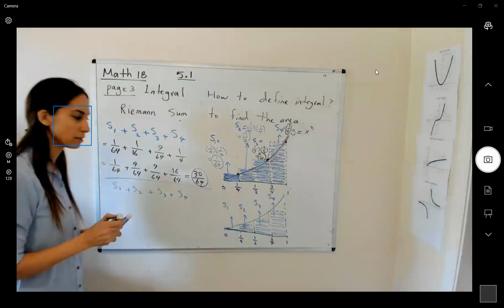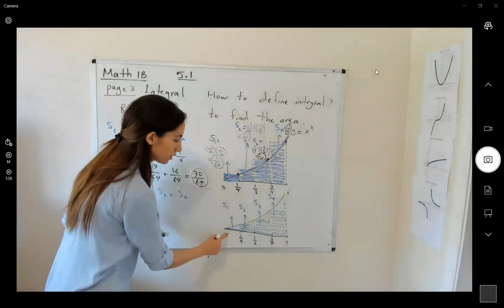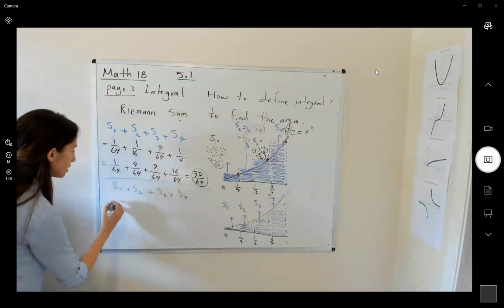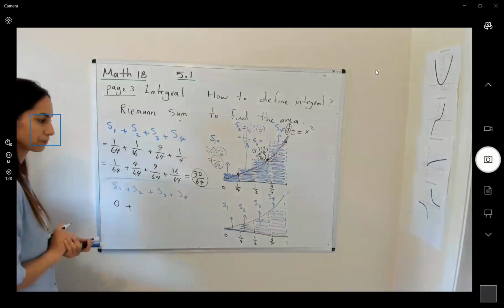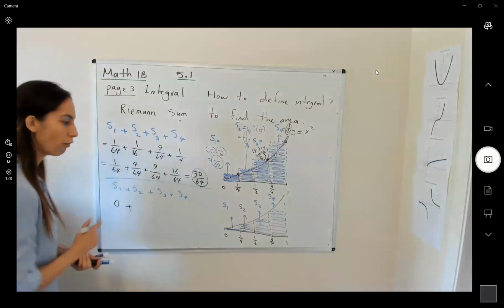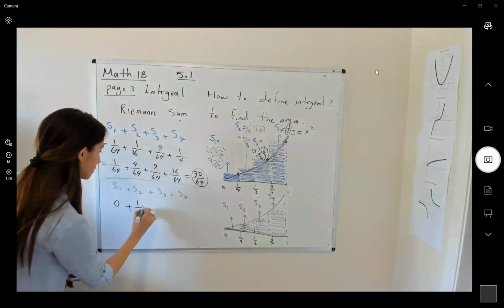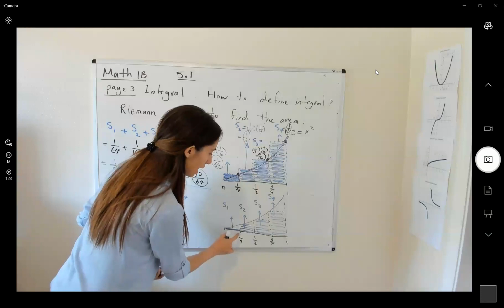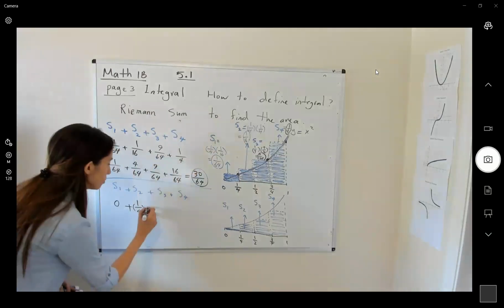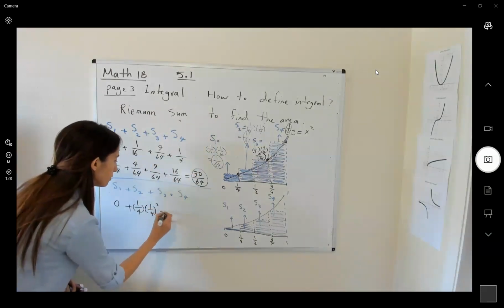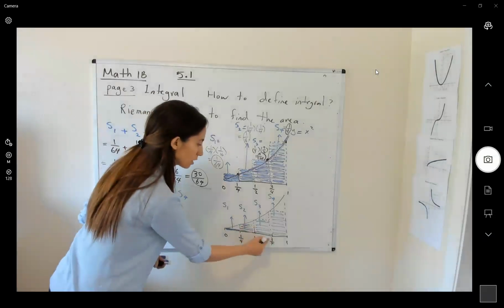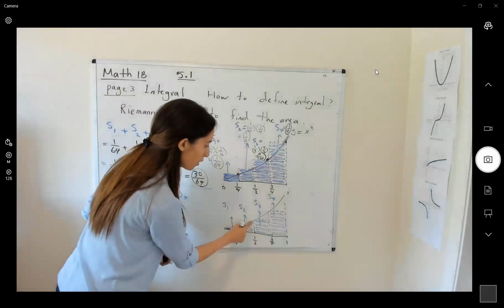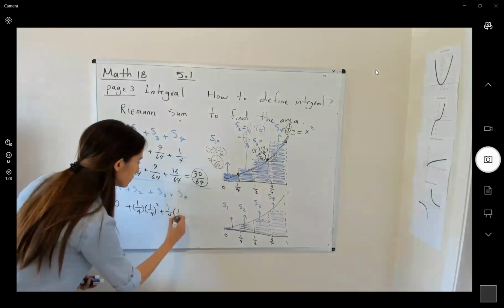For S1, it's obvious that the length here is 1/4, but the height is 0, so you get 0 plus. The length is 1/4, and the height is actually 1/4 raised to 2 plus S3. The length is 1/4, and your height is equal to a half squared.